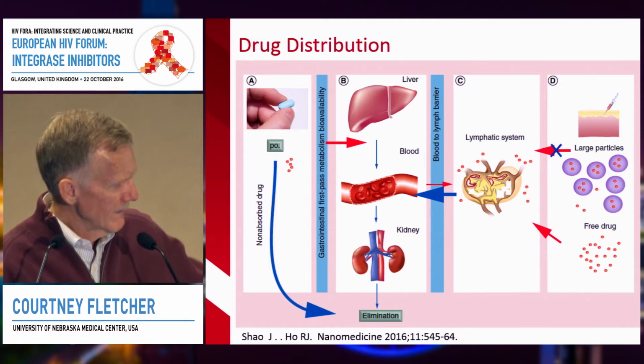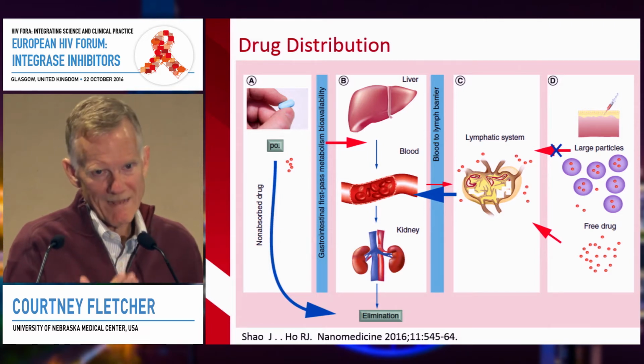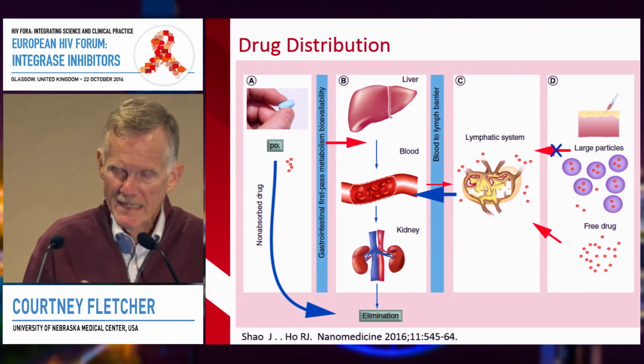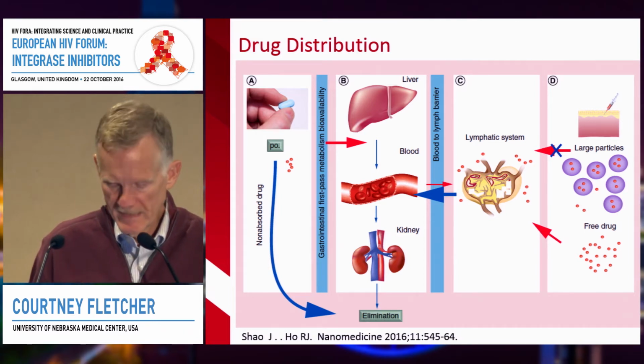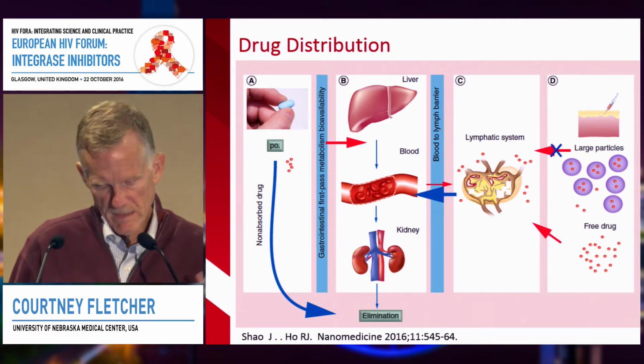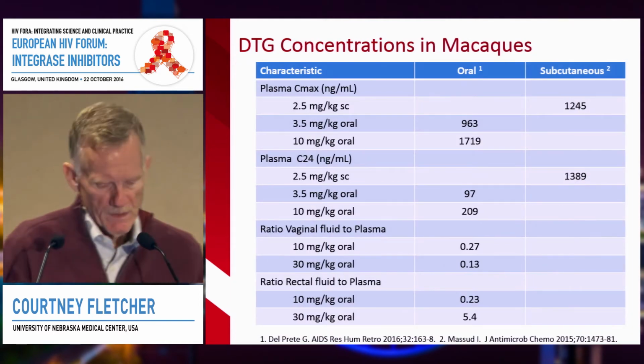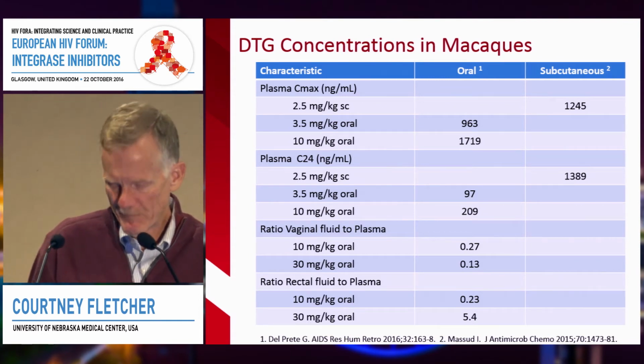At any rate, this shows you now some of the processes that are going to come into play as you start looking at giving drugs into the body differently. So let me try to give you an example of this.